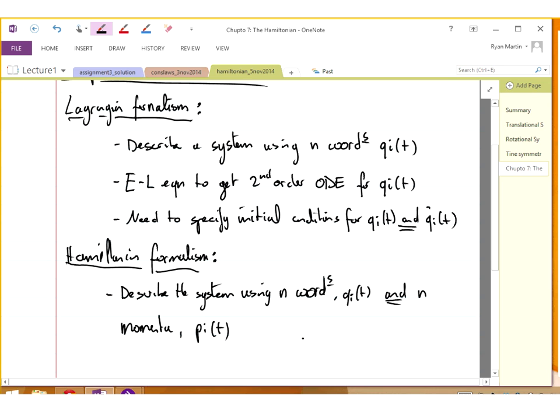So of course, that's a total of 2n functions of time that we need to solve for. So what we've done is we promote the generalized momenta to the same status as a coordinate.